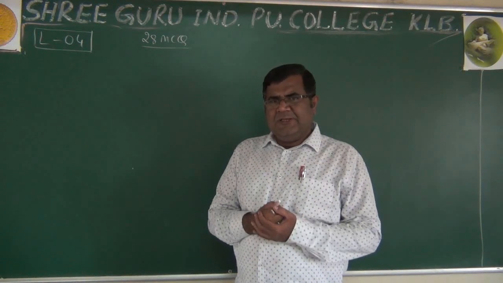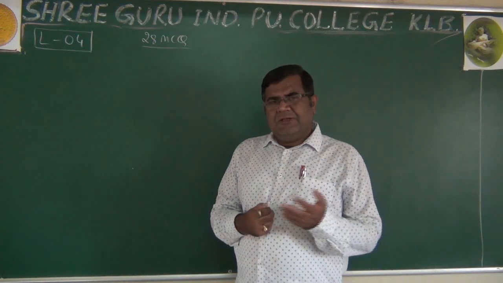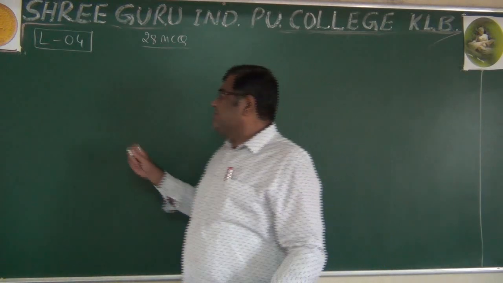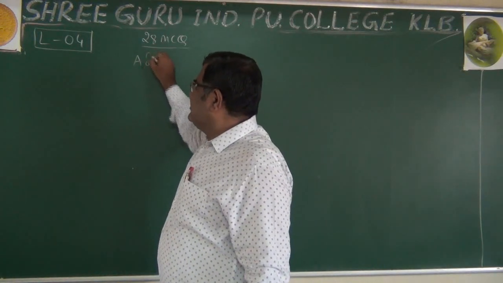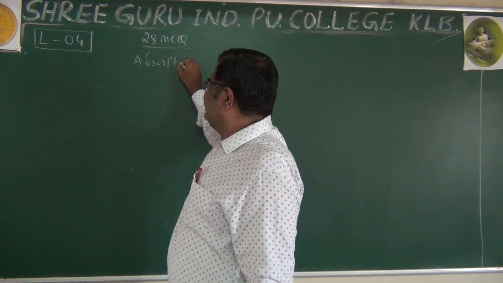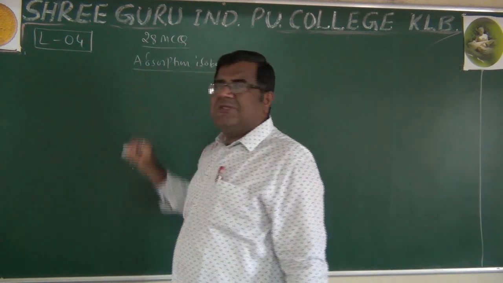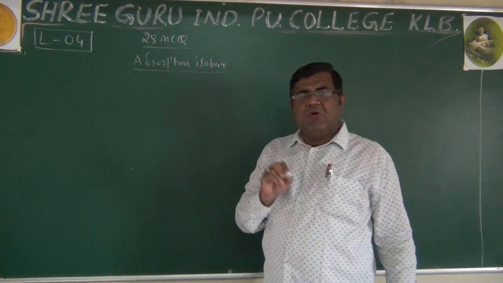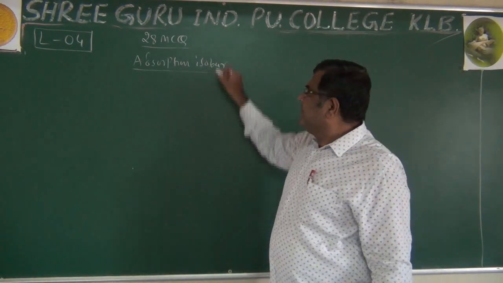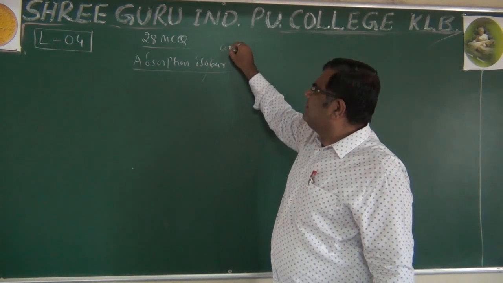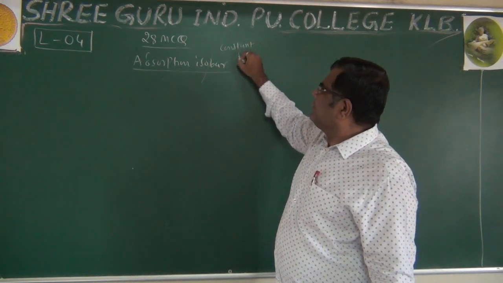Only one concept we will add so that you can solve all of these questions, and that is adsorption isobar. Just like isotherm means constant temperature, isobar means constant pressure.